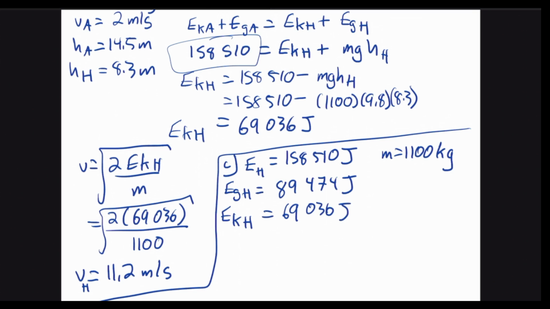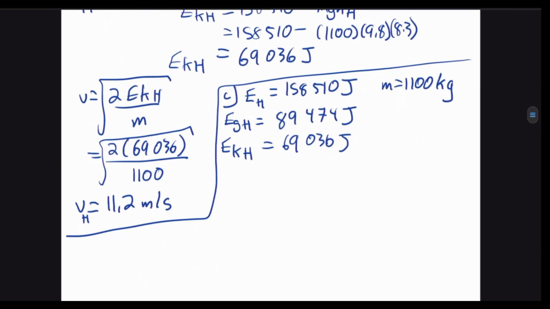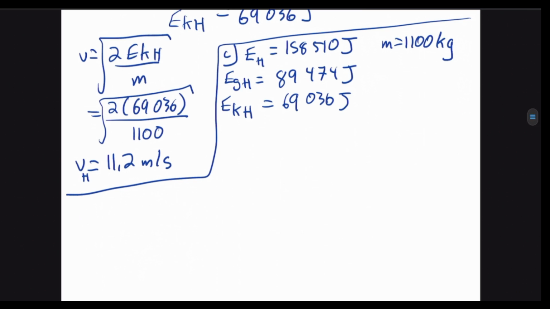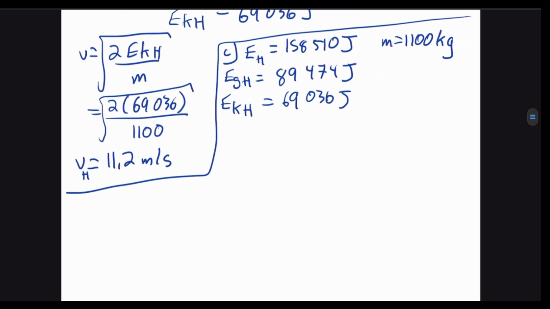I'm just going to double check that really quick. Plus 69,036. Yes, looks good. So these two sum to equal this. So that's correct. Once again, the answer key has different numbers, but I'm confident in my answer, so I think they made a mistake and used the wrong value at one point. If it turns out I'm wrong, let me know, but I don't think so.